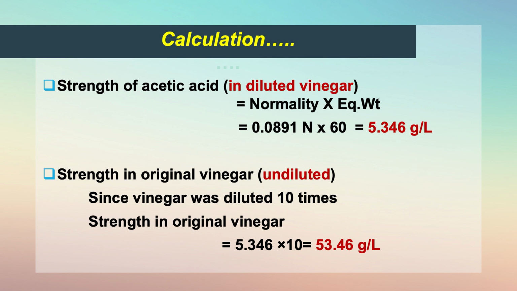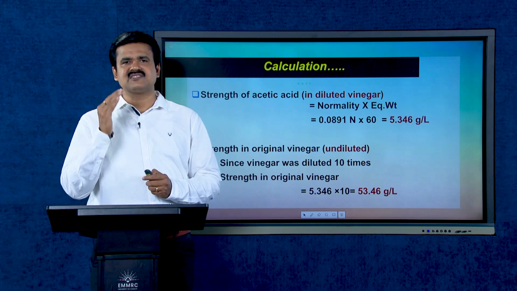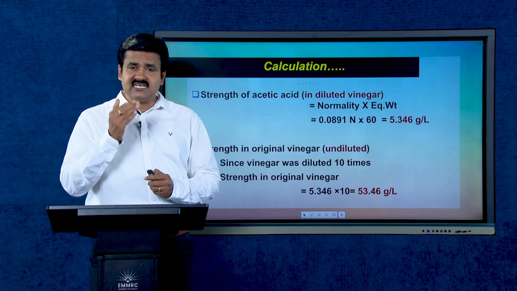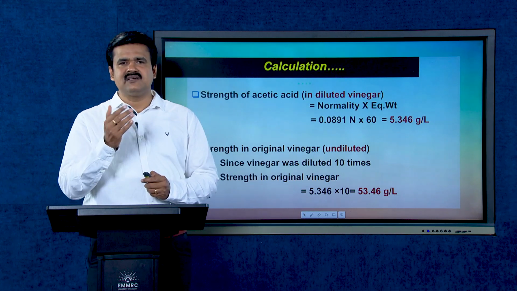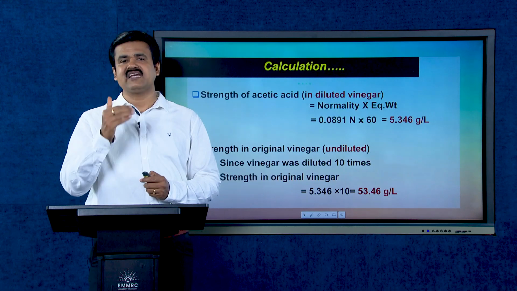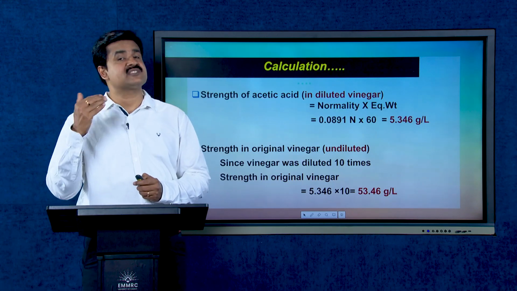Now, we require the strength of the original vinegar we took for the experiment, that is, the undiluted vinegar concentration should be calculated. Since during the experiment we diluted vinegar 10 times, that is, we took 10 ml of vinegar and made up to 100 ml, there occurred a 10 times dilution.